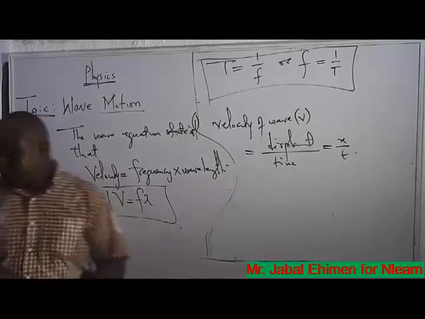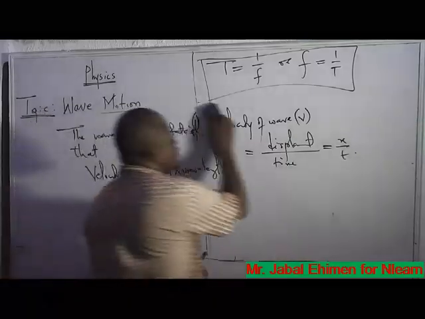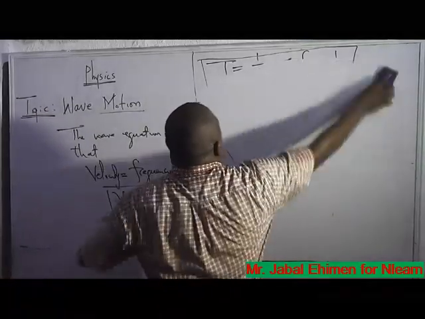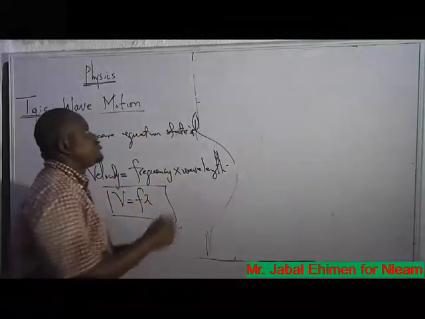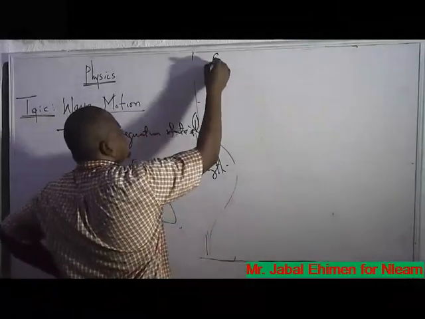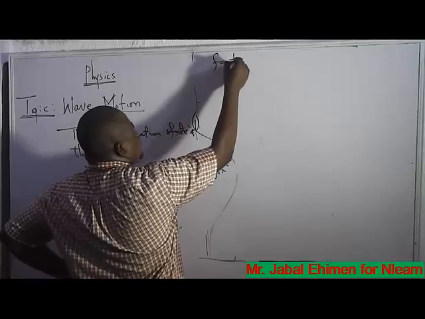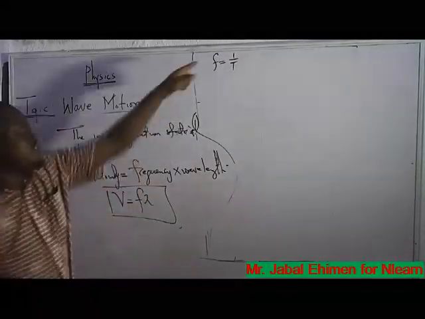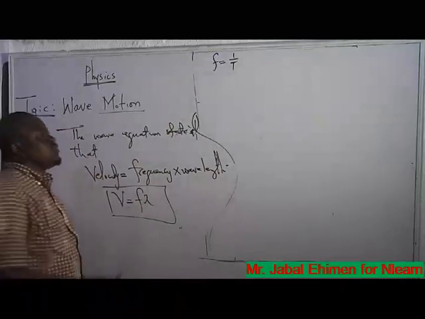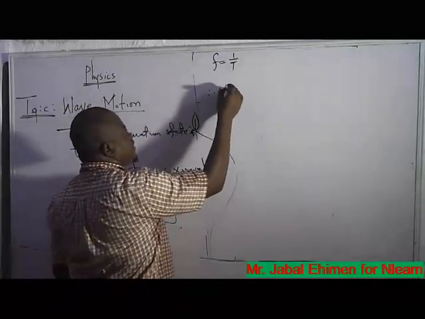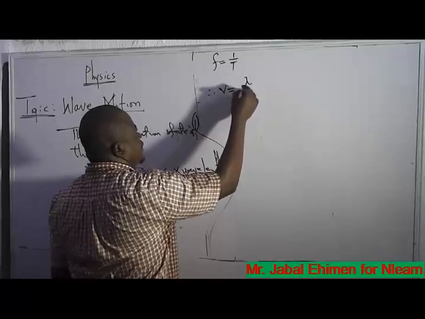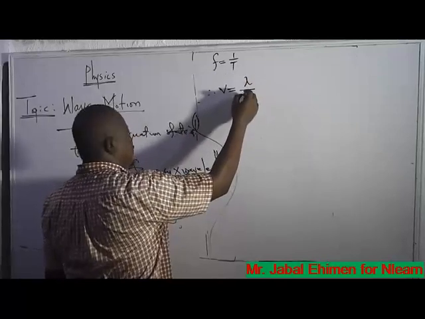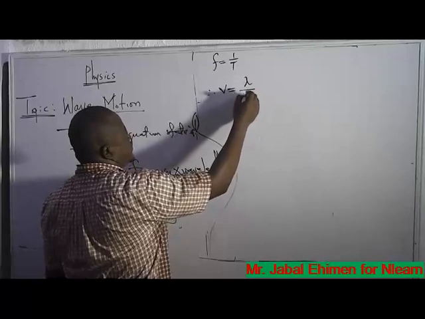Good. Now, I can expand this formula by saying that since there is a relationship that states that f is equal to 1 over t, I can put this f here to represent 1 over t. So therefore, V can also be equal to lambda over t.